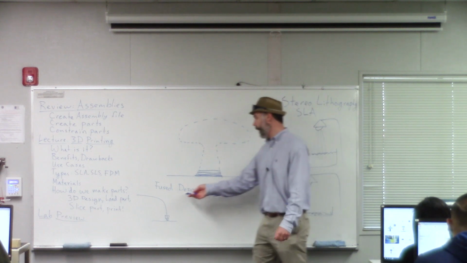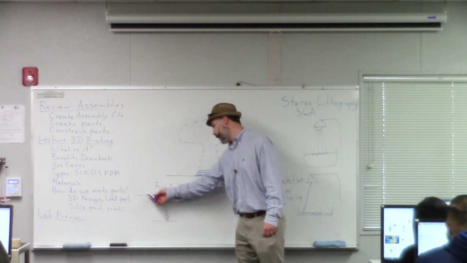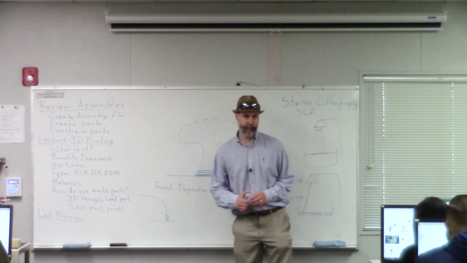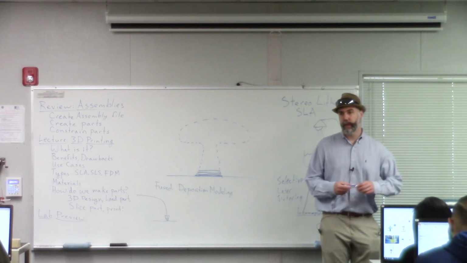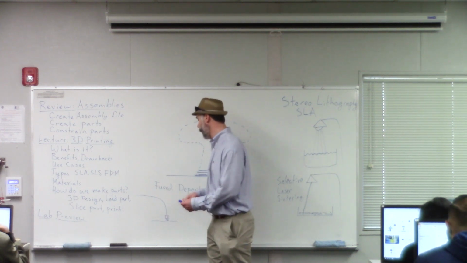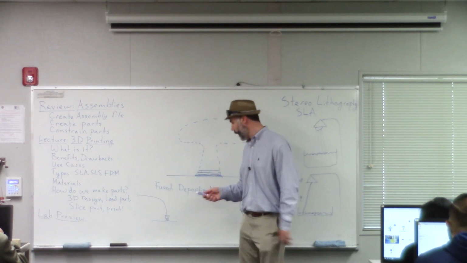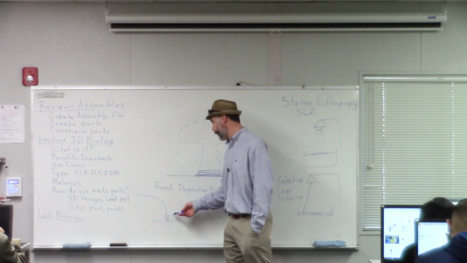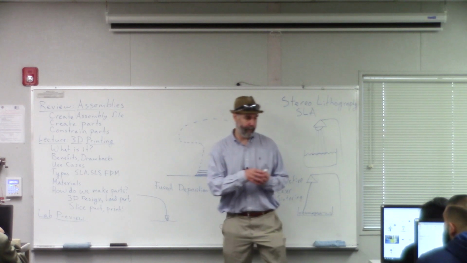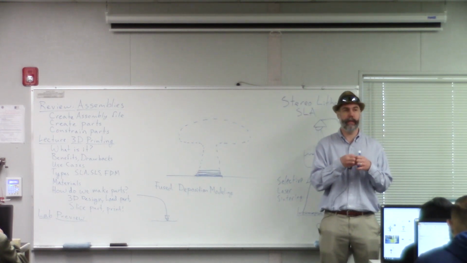With the FDM, typically the hot end is not hot enough to melt metal itself, but what it will do is you can have a filament that has little tiny metal granules mixed in with it. And so you can print your part in the normal way, and the plastic goes down with those little tiny metal particles embedded inside of it.